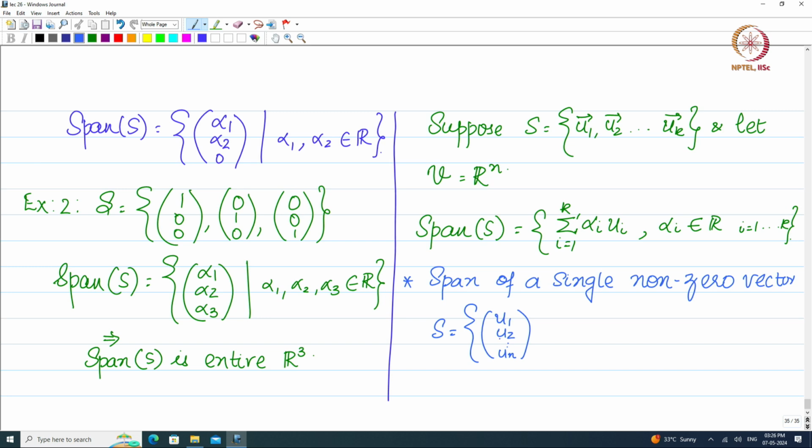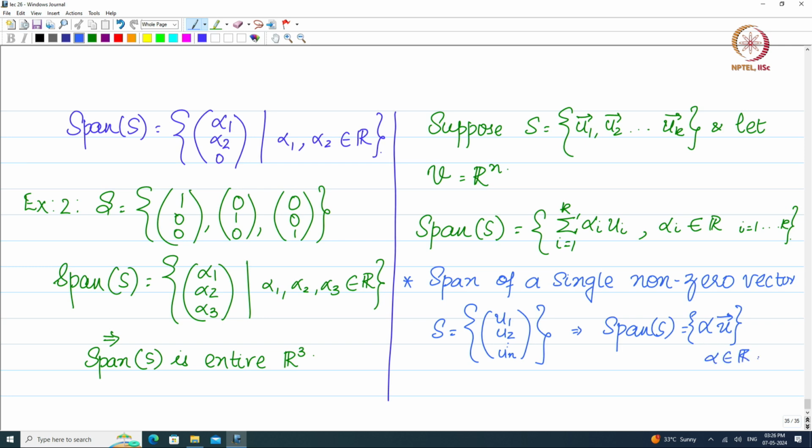This is a single vector where the components are u1, u2, un. The span of S is basically the multiples of alpha u, the set of all vectors alpha u for alpha real.